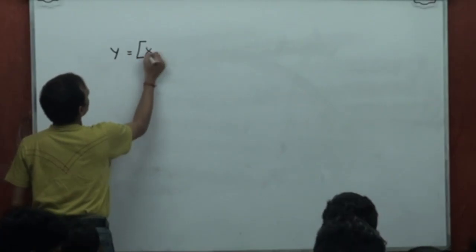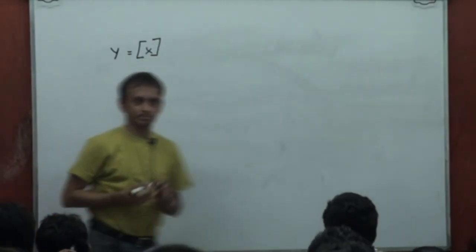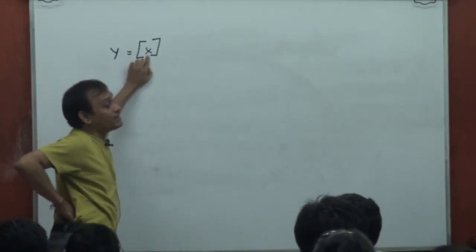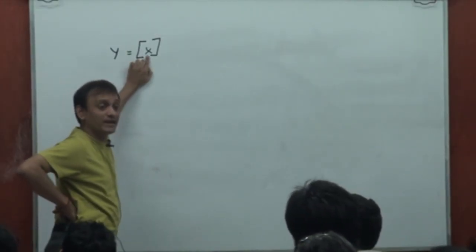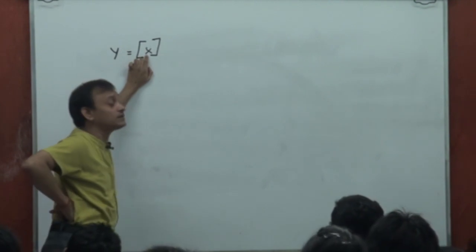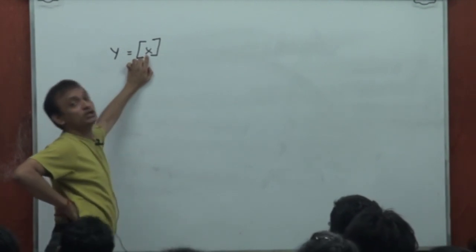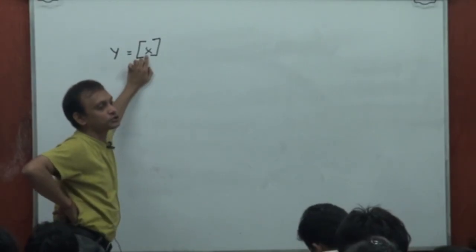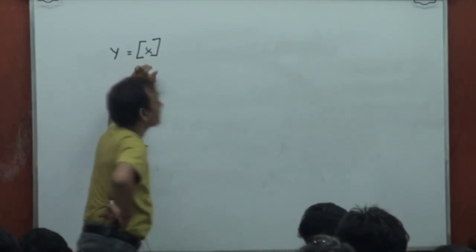One thing that you've learnt is when I have box of x, it will be discontinuous every time x is an integer. The quantity inside the box, if it becomes an integer, then those values of x are pertinent values to investigate the function for continuity or otherwise, right?